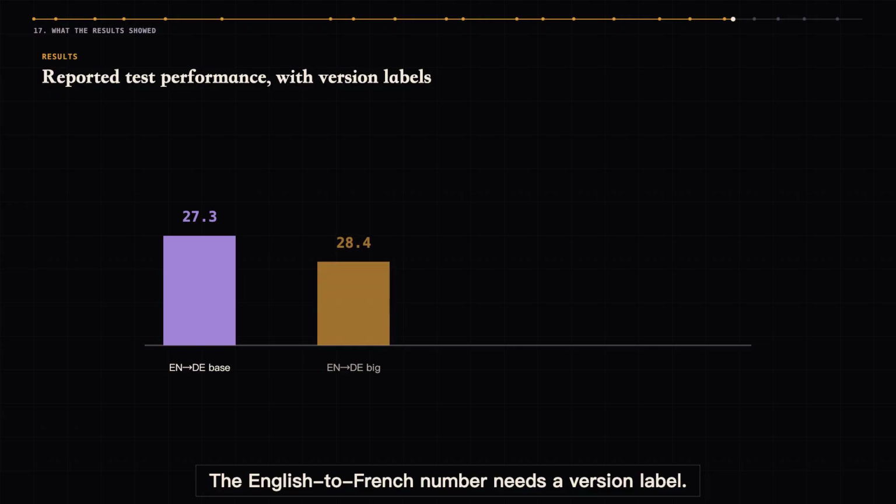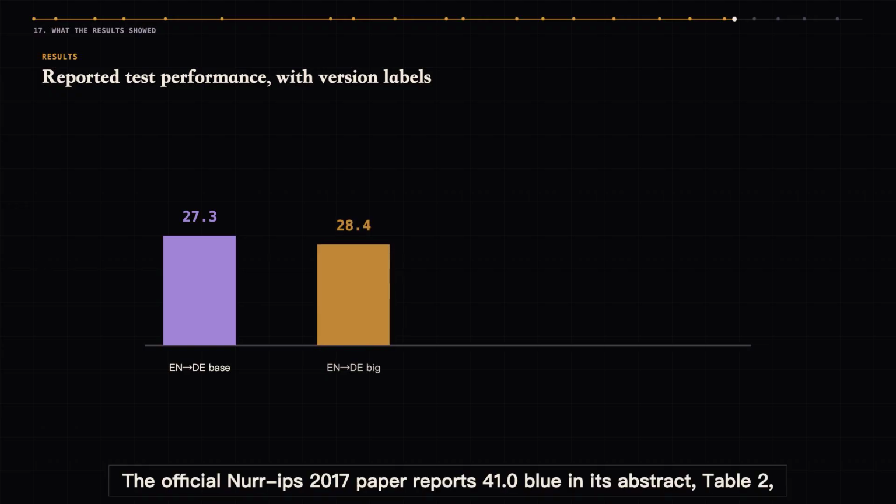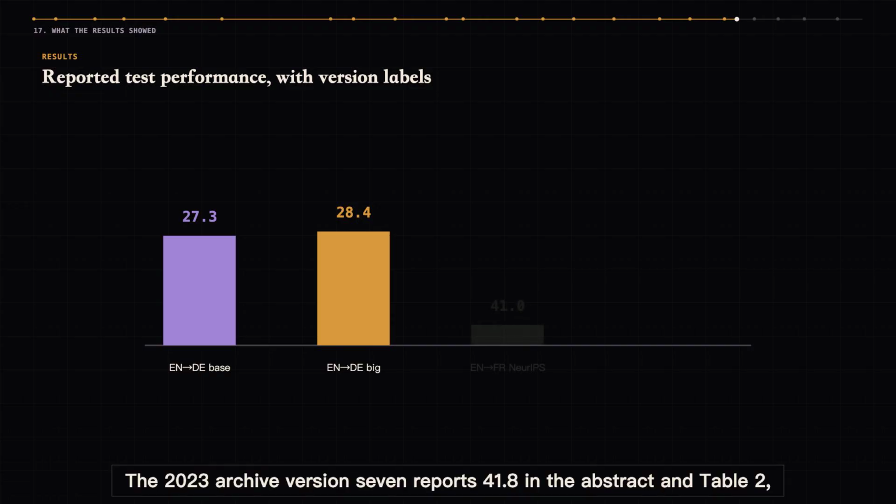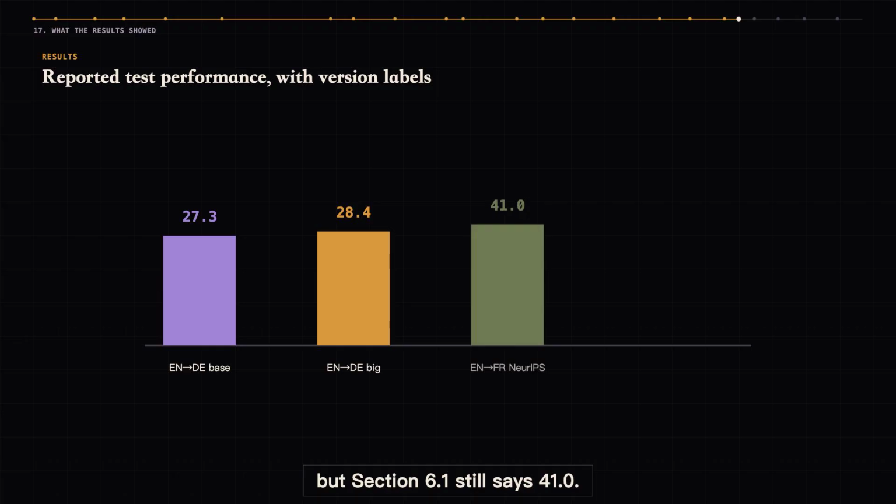The English to French number needs a version label. The official NeurIPS 2017 paper reports 41 BLEU in its abstract, Table 2, and Section 6.1. The 2023 archive version 7 reports 41.8 in the abstract and Table 2, but Section 6.1 still says 41.